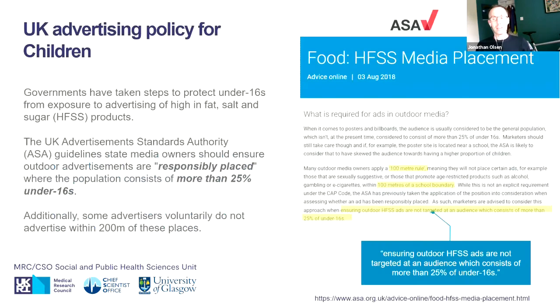But governments have taken some steps to try and protect under 16-year-olds from exposure to advertising of HFSS foods, so that's products high in saturated fat, salt or sugar. And the UK Advertising Standards Authority in their CAP guidelines advise media owners to ensure that advertisements are reasonably placed, and specifically that in areas where there's more than 25% of under 16-year-olds spending time there, such as the school, advertisements should not be placed for unhealthy products within a 100-metre buffer.